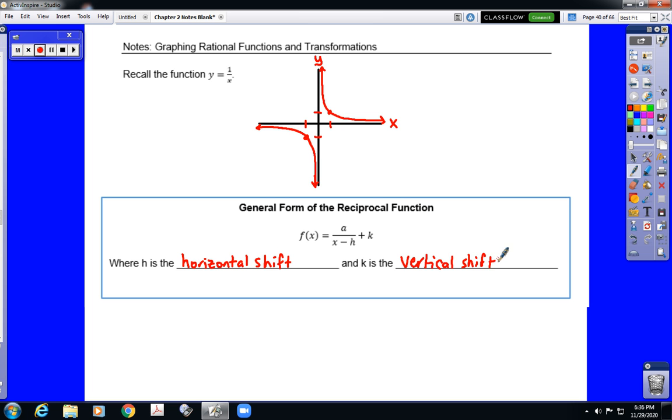We should also remember that the a value controls the vertical stretch, and we should remember that if it is negative, then we're reflecting.